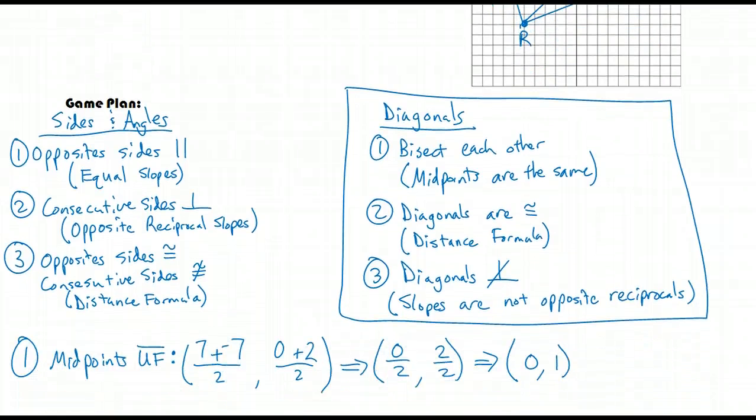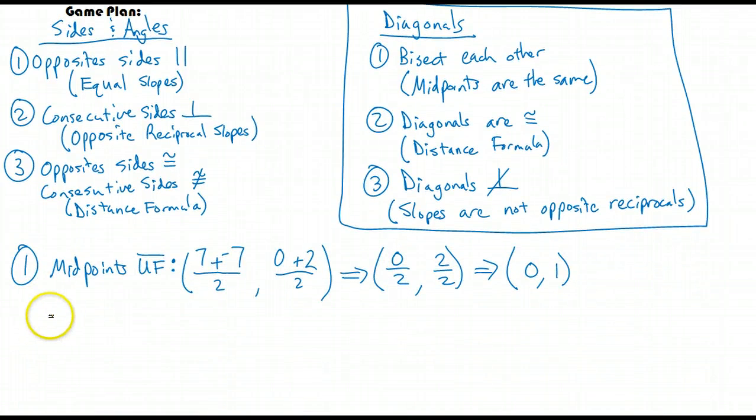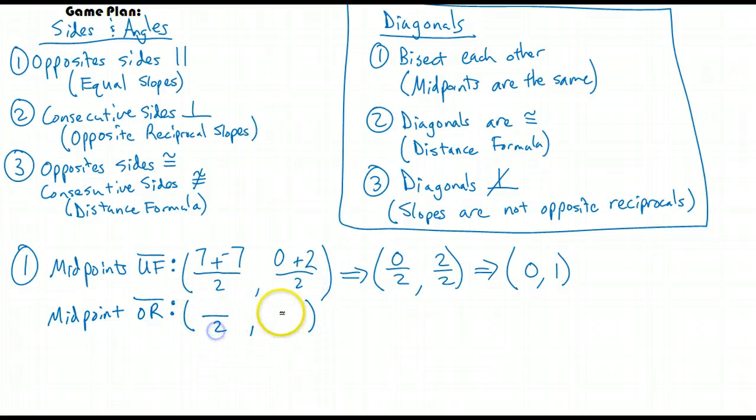Now I need to find the midpoint of my other diagonal. My other diagonal is OR, and I'm going to use the same midpoint formula, average my x's, average my y's. And I'm going to look at the ordered pairs for O and R and find x2 and x1 and y2 and y1.